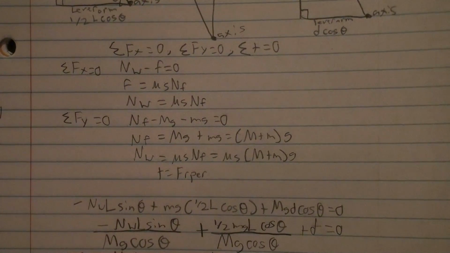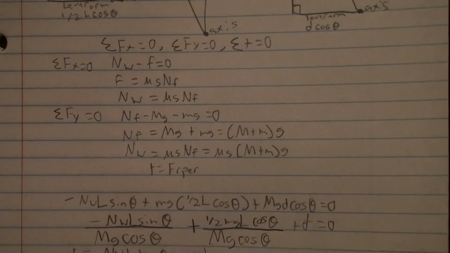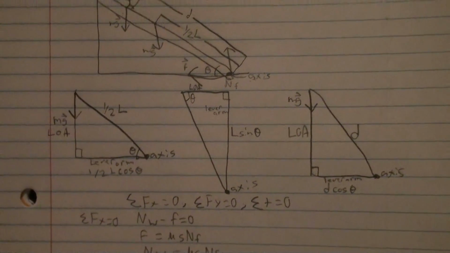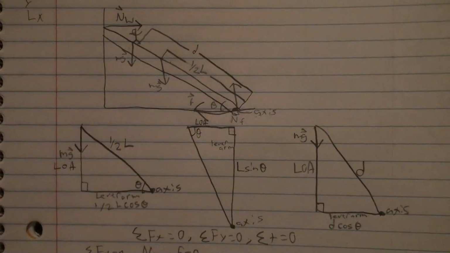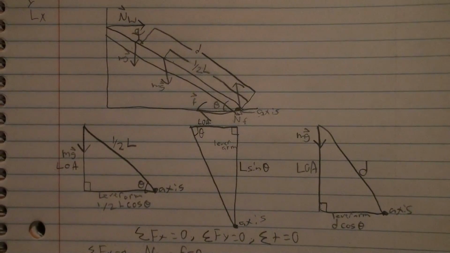So in order to find the distance, I had to set the net torque equal to 0. We'll come back up here so we can look at my diagrams again. The first thing I did was choose a rotation axis. The most convenient choice is an axis perpendicular to the plane that passes through the bottom of the ladder.